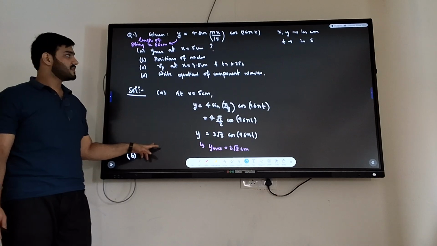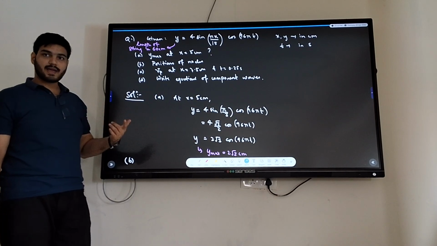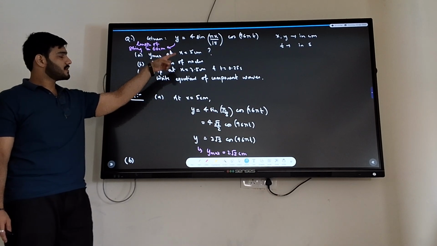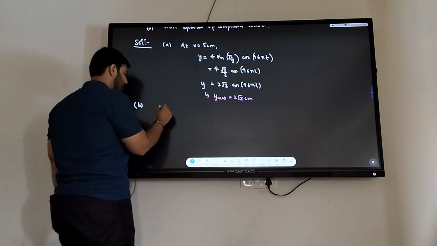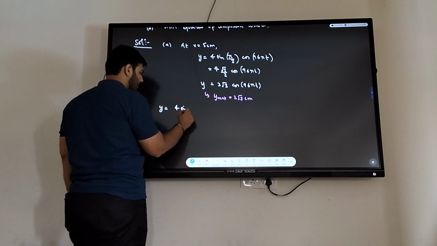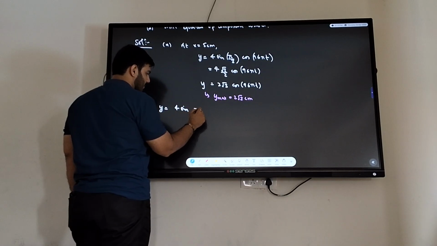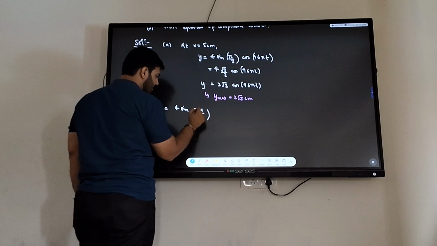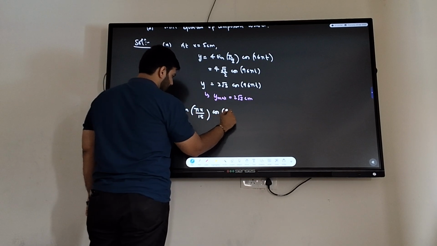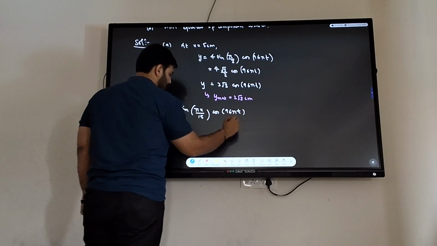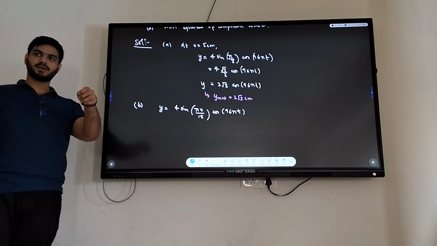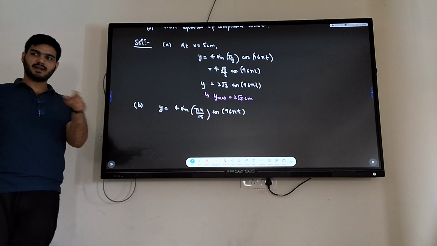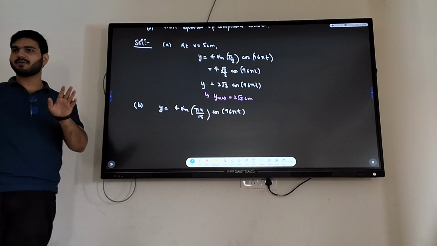And then b part. For b part, what do you have to do? Positions of nodes, that means at all times what are the positions of nodes. So y is given to be 4 sin pi x by 15 cos of 96 pi t. Do you remember that the nodes do not move at all? So as time passes, ये nodes का position भी नहीं बदलने वाला है.